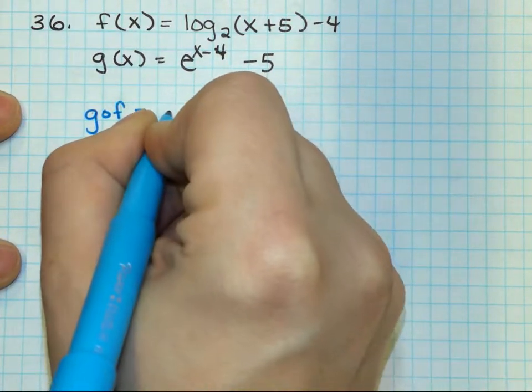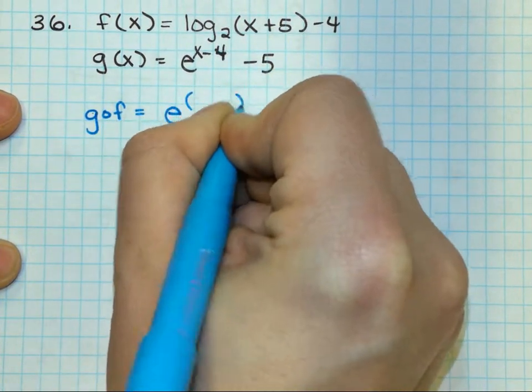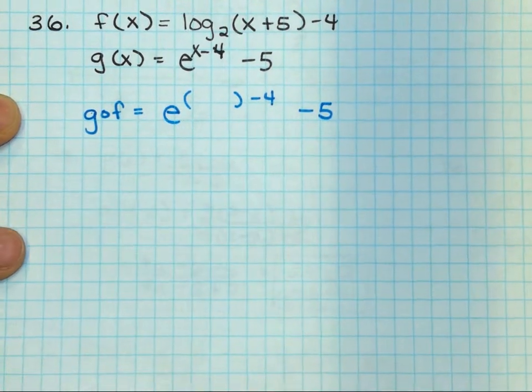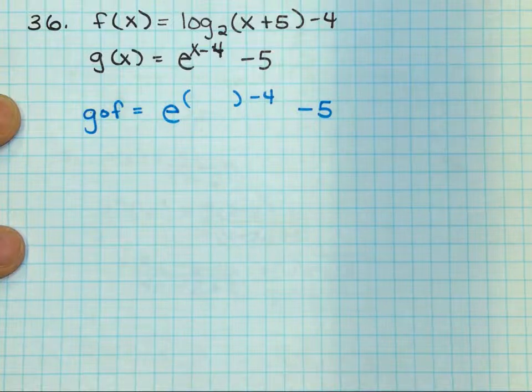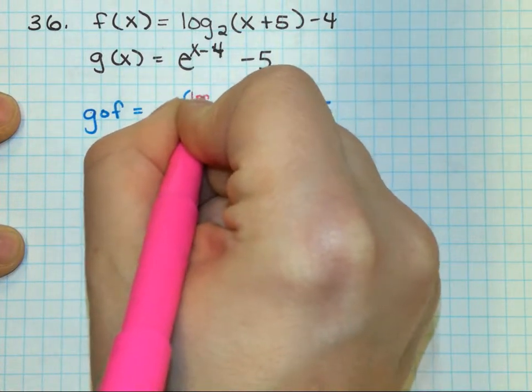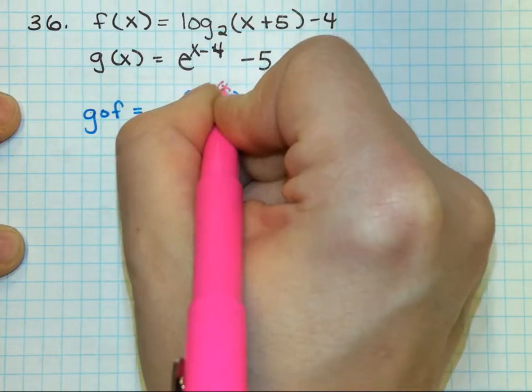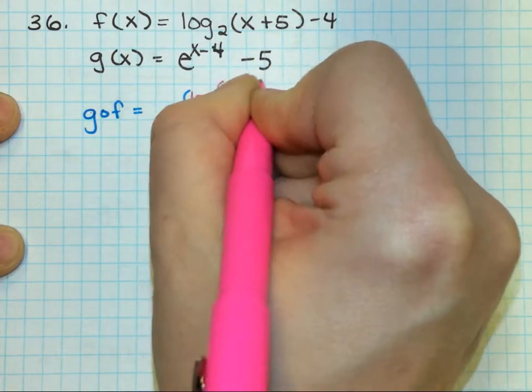So g says e to some power minus 4 minus 5. And then f was log base 2, x plus 5 minus 4.